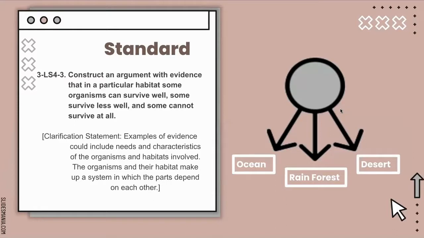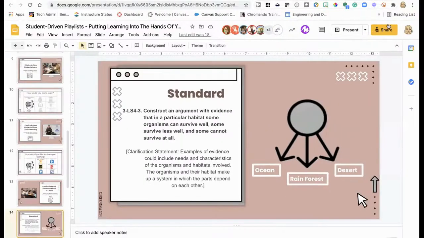So rather than us choosing that all students are going to learn about rainforests, we're going to put some of that control into the students' hands, and they're going to lead their learning and decide, do I want to learn about the ocean, the rainforest, the desert, and then how am I going to show that learning?